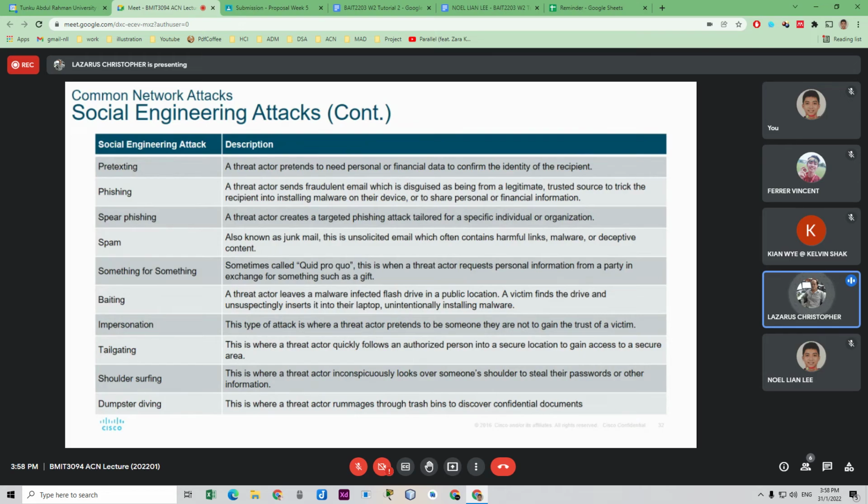Shoulder surfing, we're always aware of this. When you go to an ATM machine, you try to block, right? When you type in your password, your PIN number, you try to block with your body so that other people cannot shoulder surf and guess your password. They just lean over slightly, unknown to you, in your blind spot, and then they can see what you're typing.